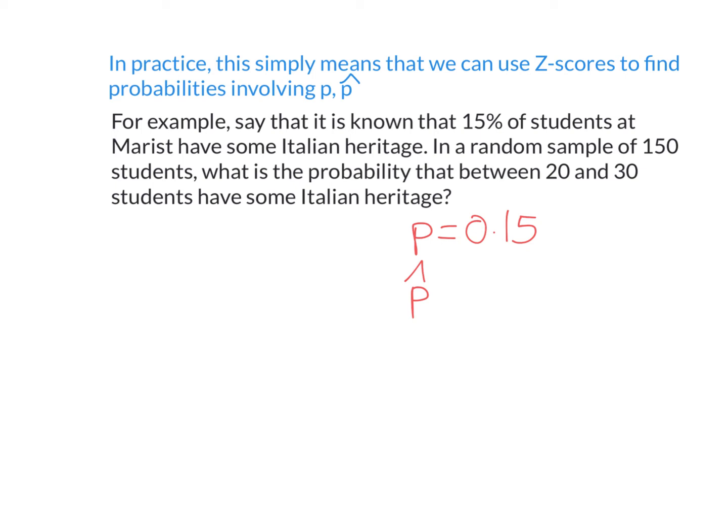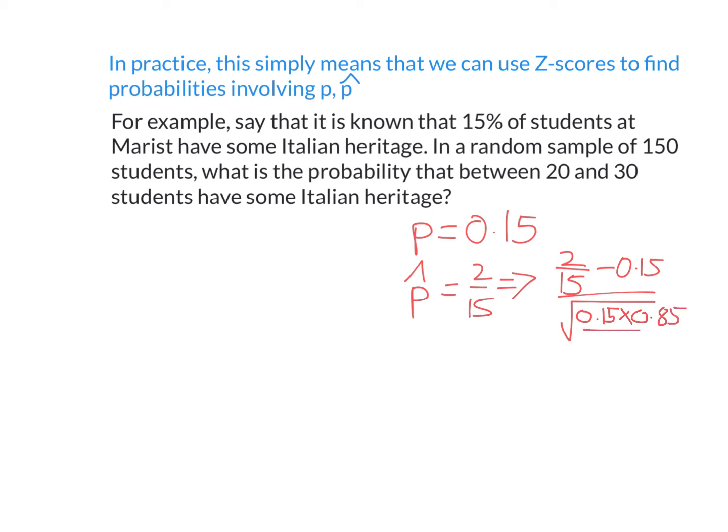So all we're going to do is convert these to z-scores, and then we're going to find the probability of being within that range. So if 20 people out of 150 people have Italian heritage, then p hat would be 2 over 15. So we calculate the z-score: p hat minus the true mean over the standard deviation. Remember the formula for the standard deviation involving the proportions: it's the square root of p times 1 minus p, all divided by n.